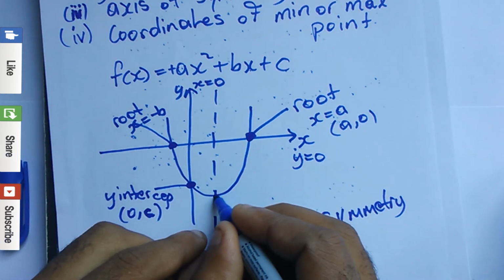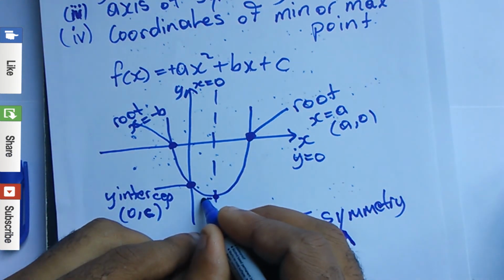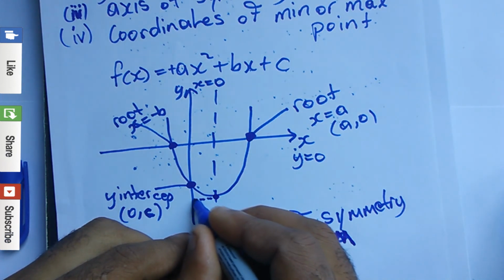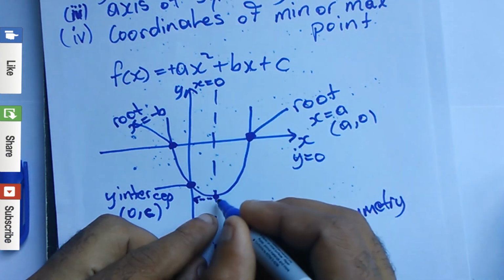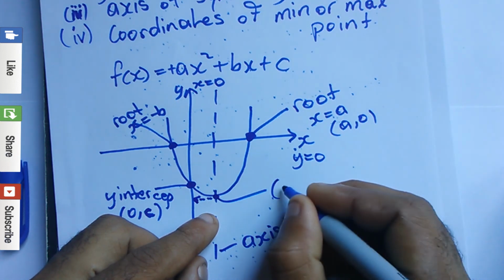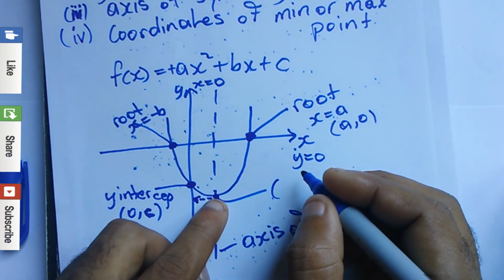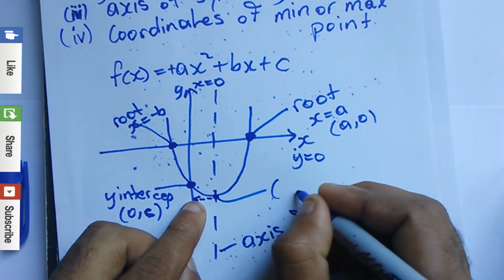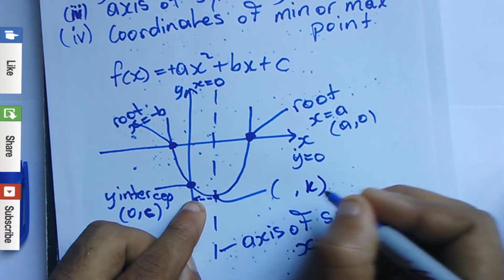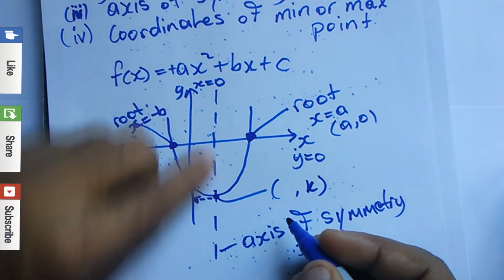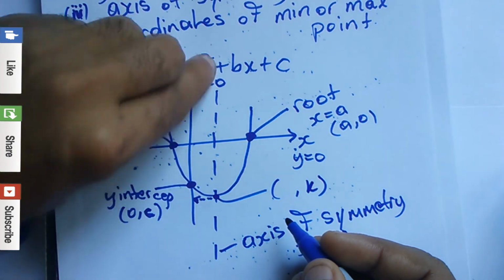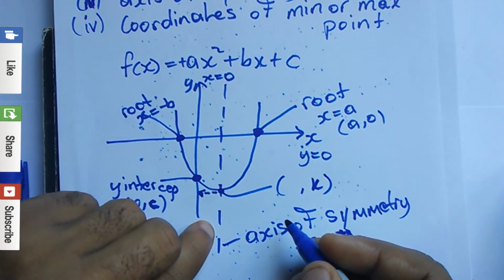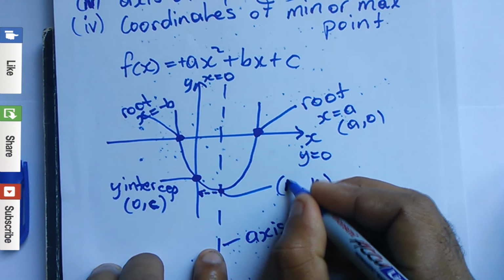Now the minimum point on the graph right here: remember, the f of x value would be the y value right here. The minimum point for f of x is the k value when you complete the square, and if they ask for the coordinate, you would have to combine it with the x value that represents the axis of symmetry, which is m.